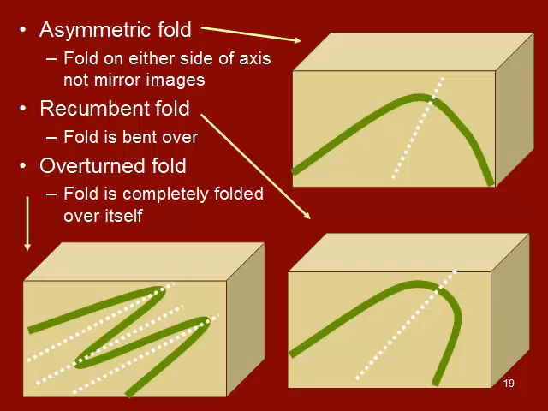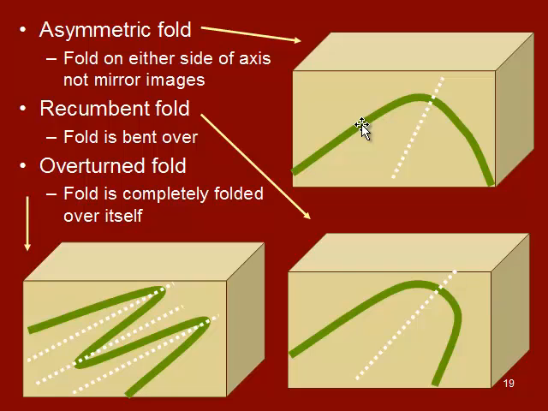So our other types of folds. These are all going to be anticlines just to simplify things a little bit, and your book has some great images and diagrams regarding these formations as well. An asymmetrical fold, if we took our A shape, we've got our axis here as a dotted white line.